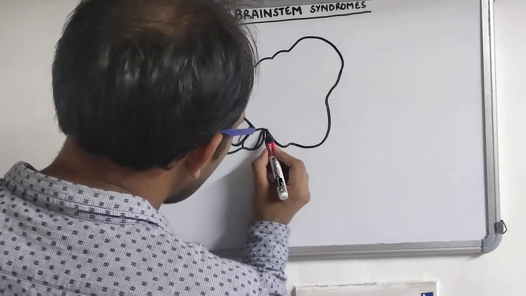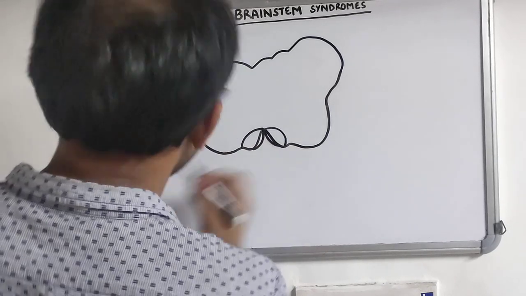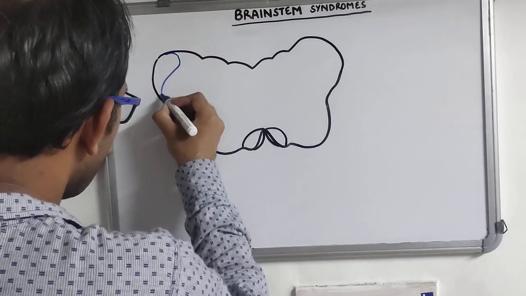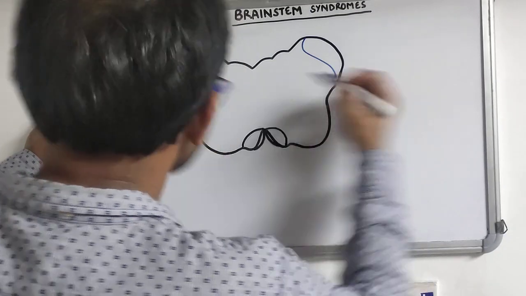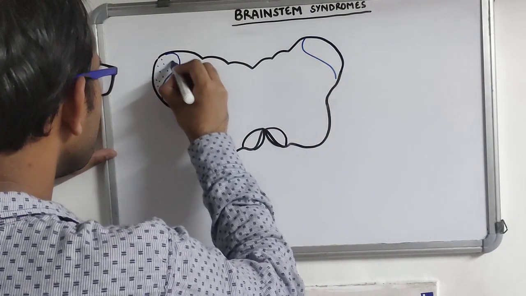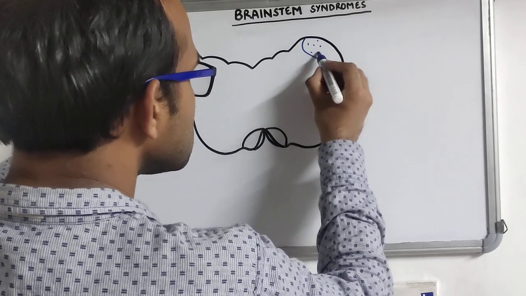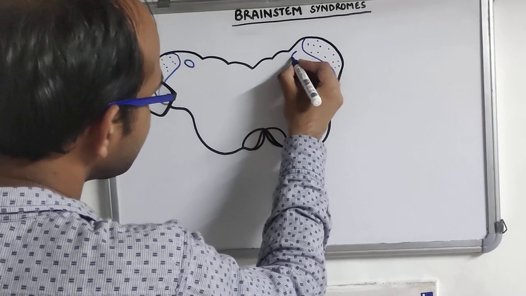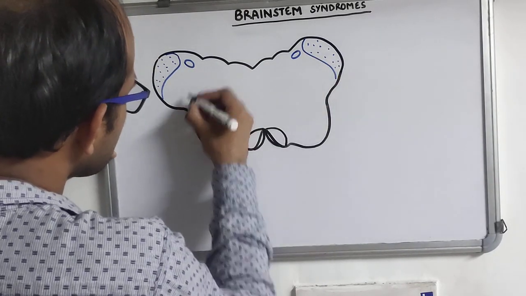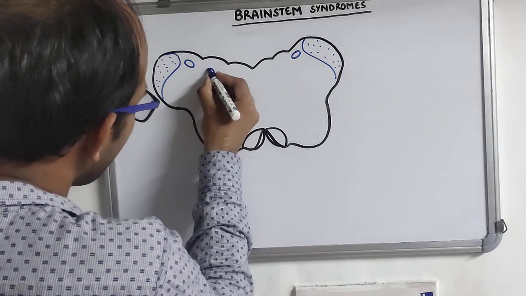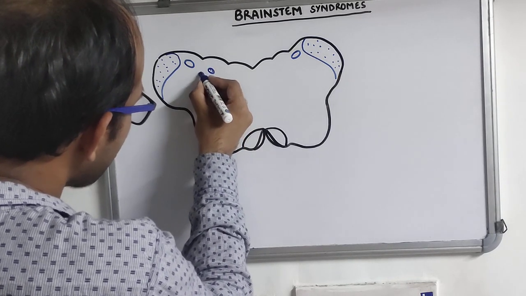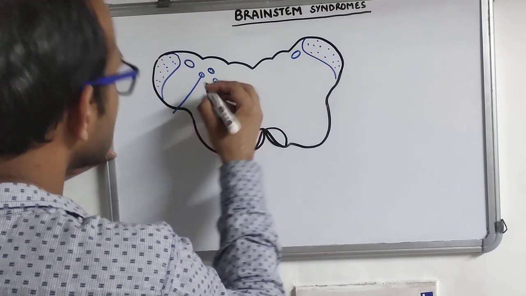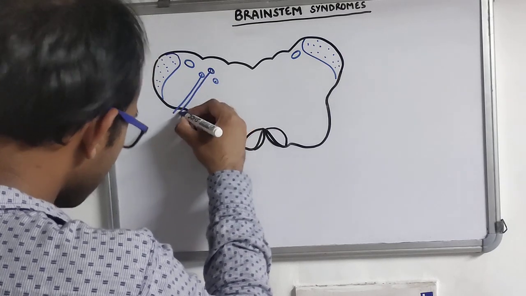This is the pyramid and the arcuate nuclei. I'll make the rest of this in another color. This is the restiform body of the inferior cerebellar peduncle. This is the vestibular nuclei. This is the dorsal nucleus of vagus. This is nucleus tractus solitarius. This is nucleus ambiguus. Let me tell you, each one of them is important.